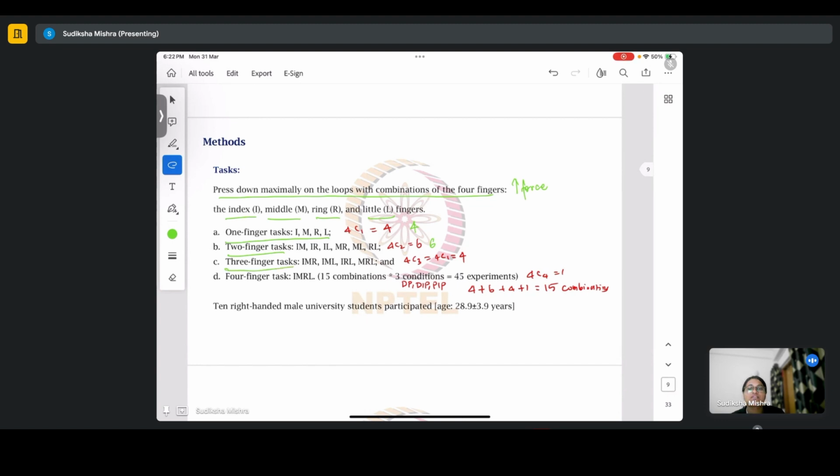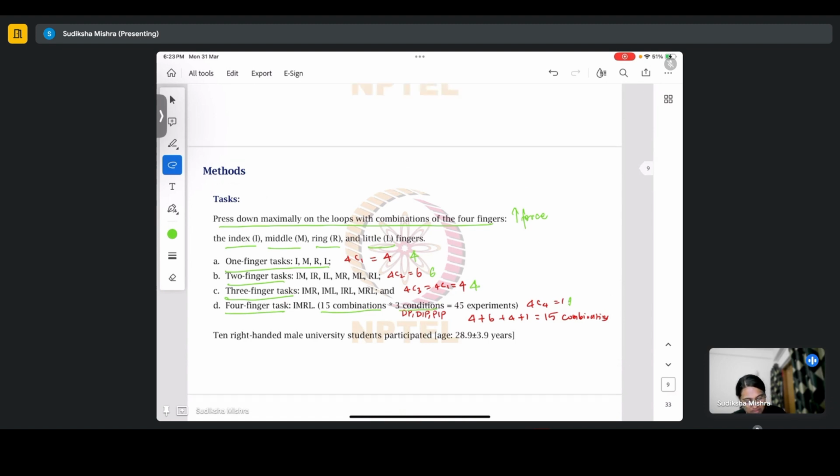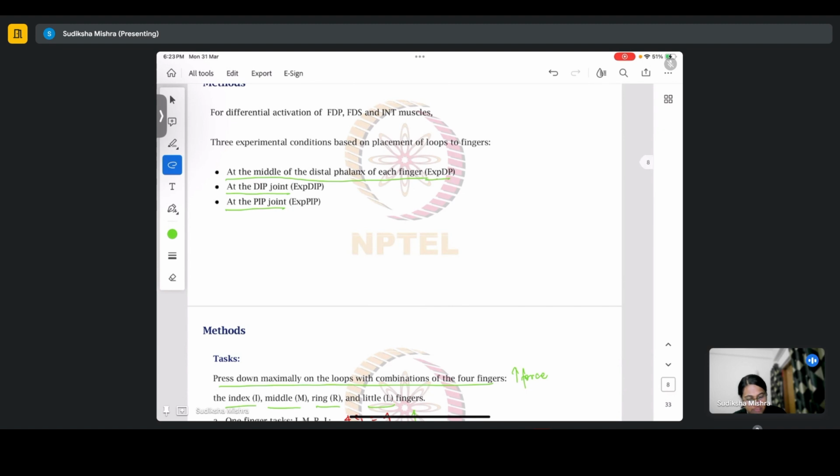Three finger tasks, wherein the force in three fingers was looked at: another four conditions. And four finger tasks, when all four fingers were looked at: one such condition. So in total there are 15 combinations, with three conditions here: EXPDP, EXPDIP, and EXPPIP.